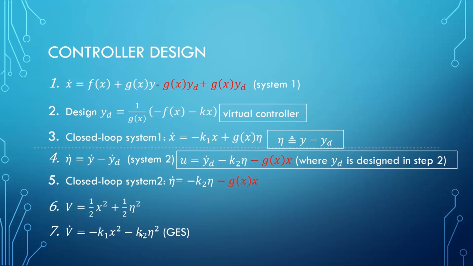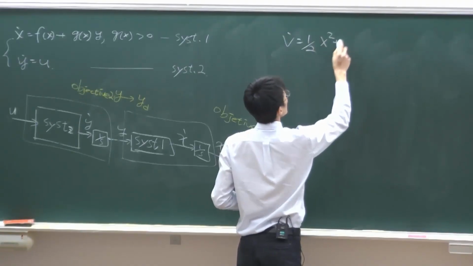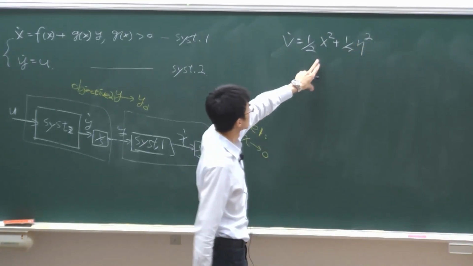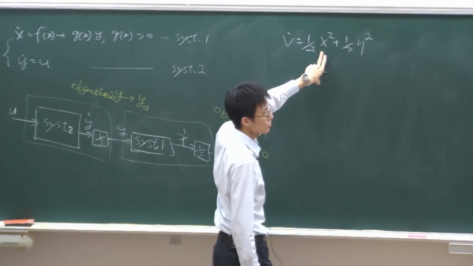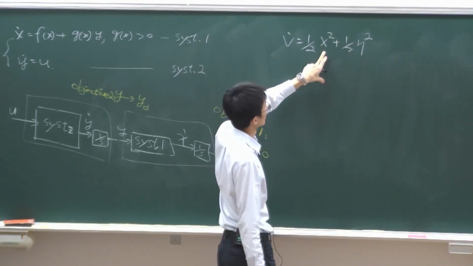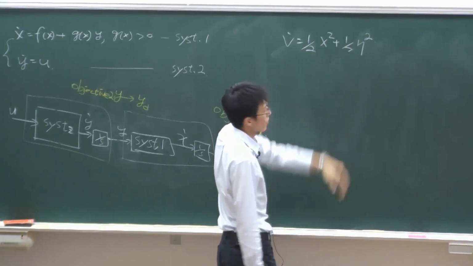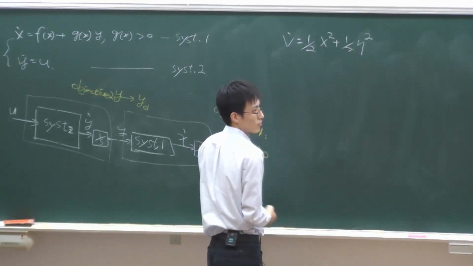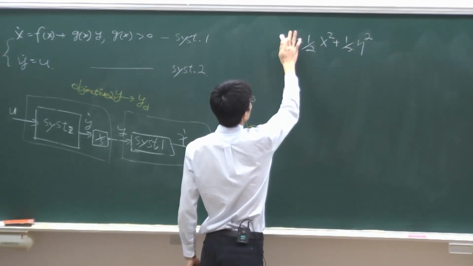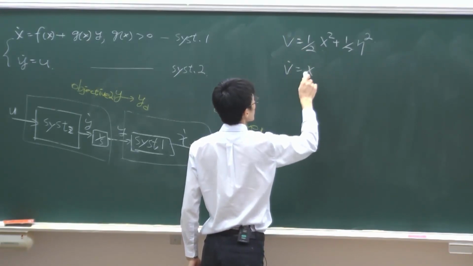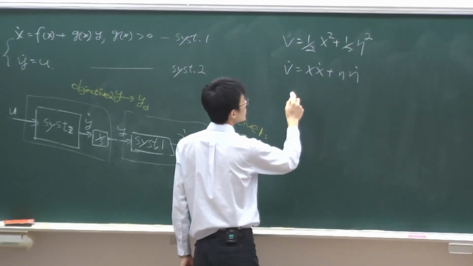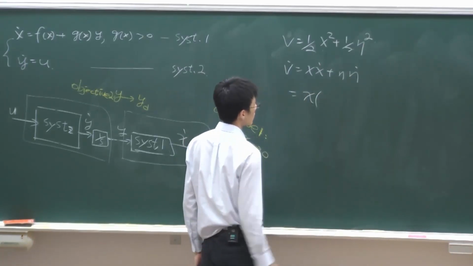Usually, what I do is you choose a Lyapunov function, and you put in the signals that will be 0, according to the objective. The signals in here have to be 0 eventually. So this is for regulation, and this is for tracking of the second system. And V dot is x dot, and you substitute the dynamics.